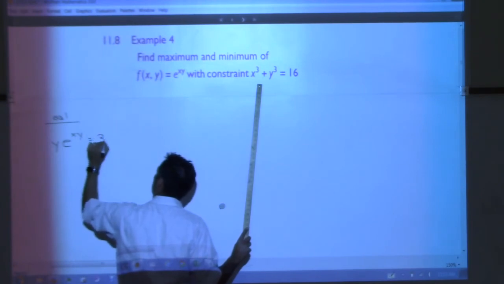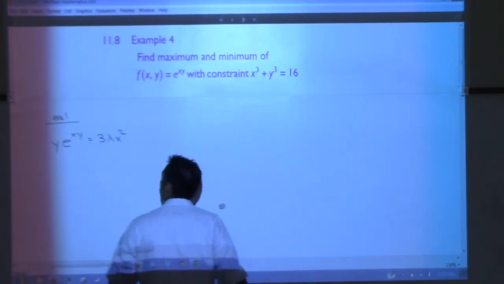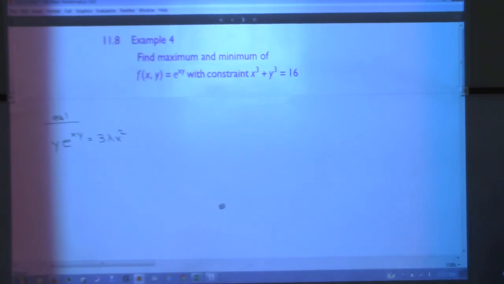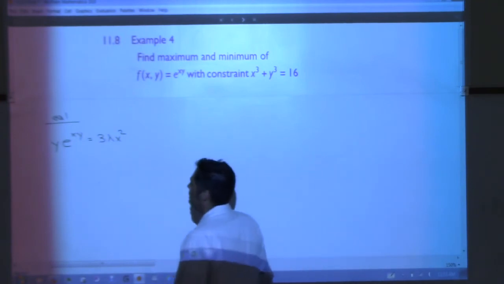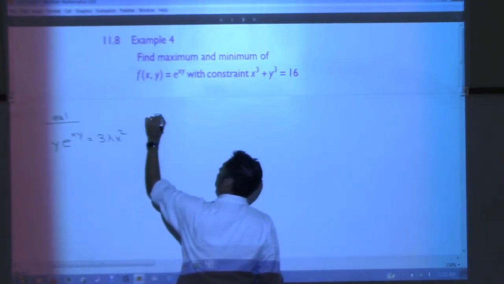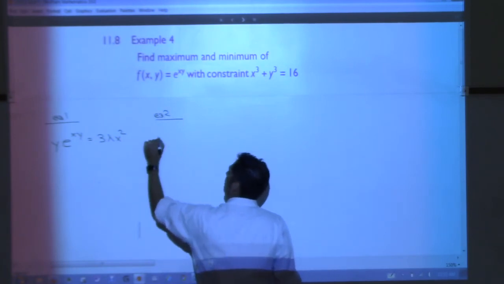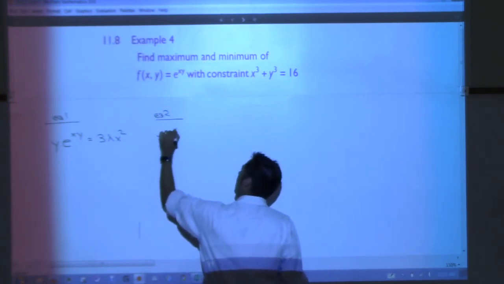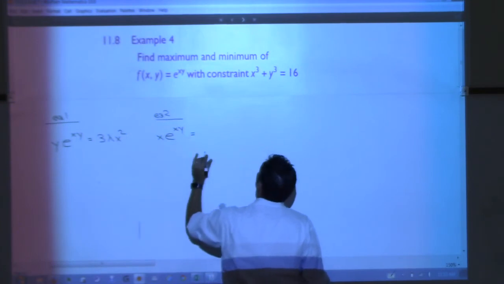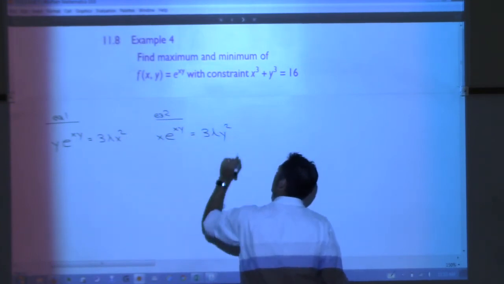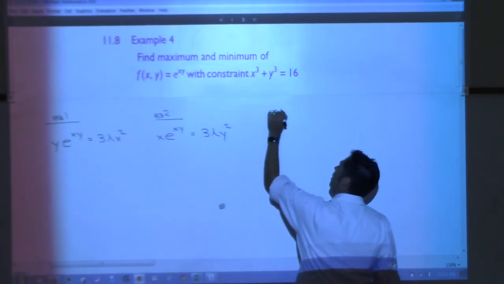So how about 3 lambda x squared? Agreed? The derivative of that is 3x squared, but then times lambda. That's equation 1. How about equation 2? It's x e to the xy equals 3 lambda y squared. And then my final equation, equation 3.